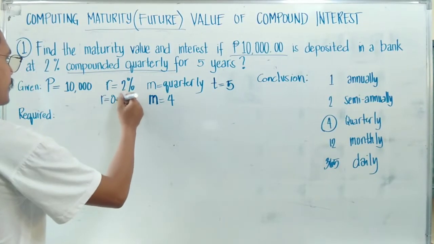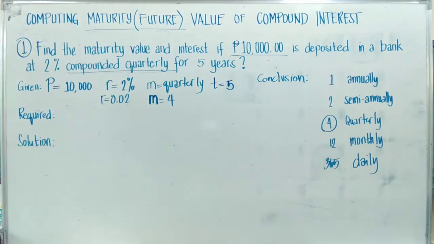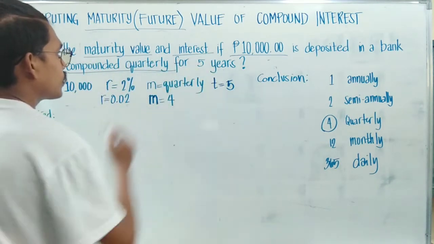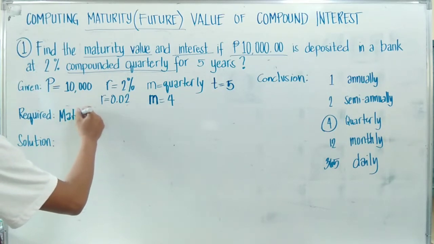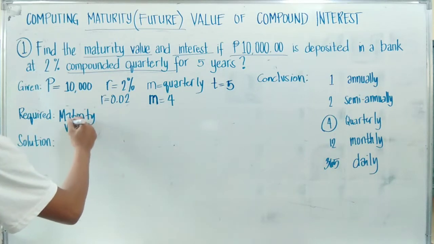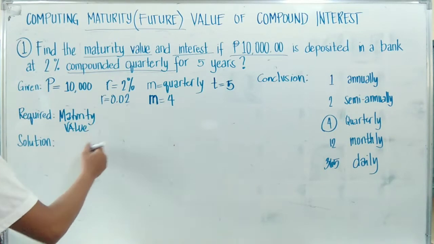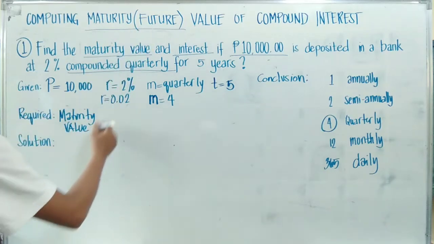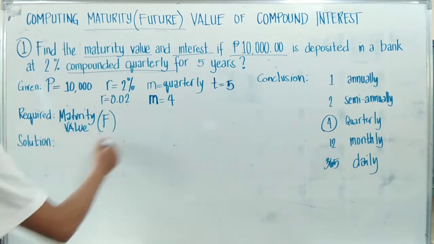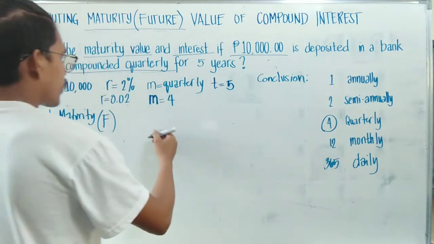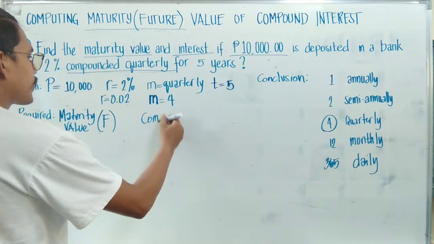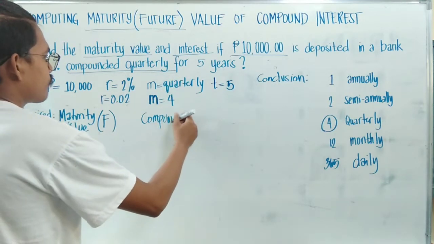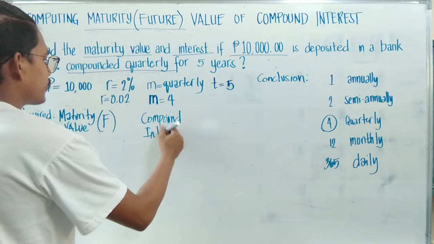Then we have here 2 unknowns. We have your maturity value, or other term, future value, denoted by F. And the interest, of course, because we are dealing with compound interest, that interest is your compound interest.